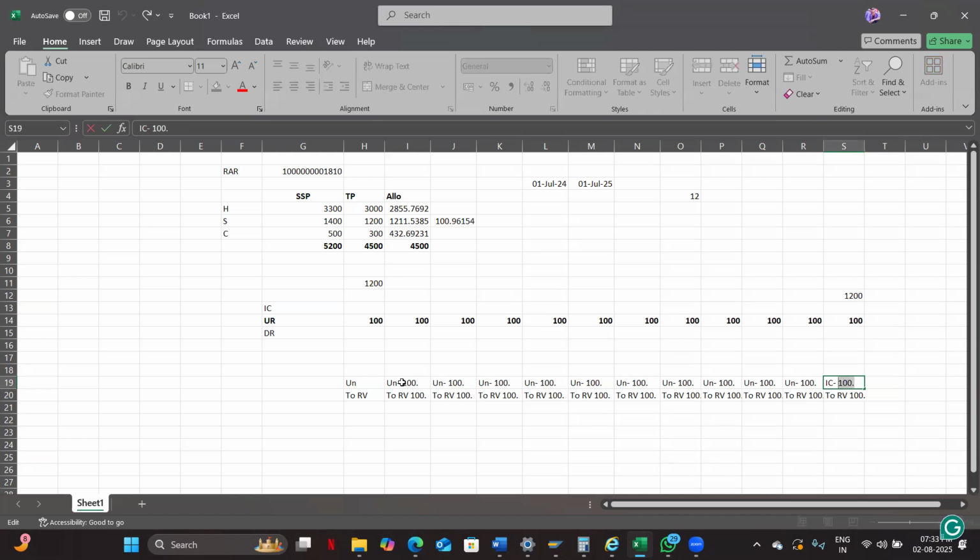Whatever the customer paid, 1200, went to the IC account, and after that revenue is 100 rupees. The unbilled amount was already calculated and recognized, so we need to give it back to the unbilled account.